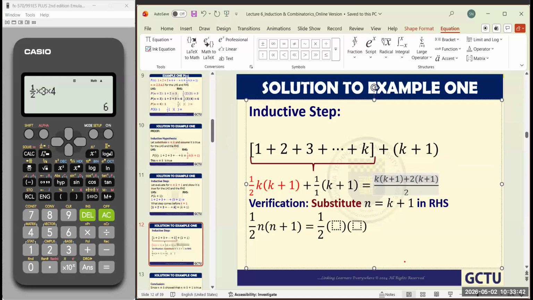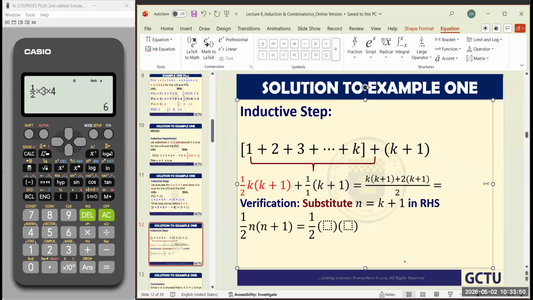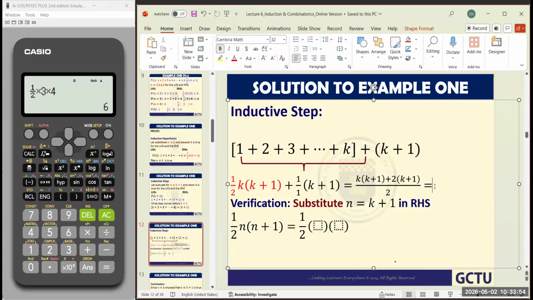Okay, now let's solve this. Where we are now is just trying to factorize a fraction. So again, I'm going to take the denominator. If I expand the numerator, I'm going to get k squared, I hope you see it, k squared plus k plus 2k, plus k.